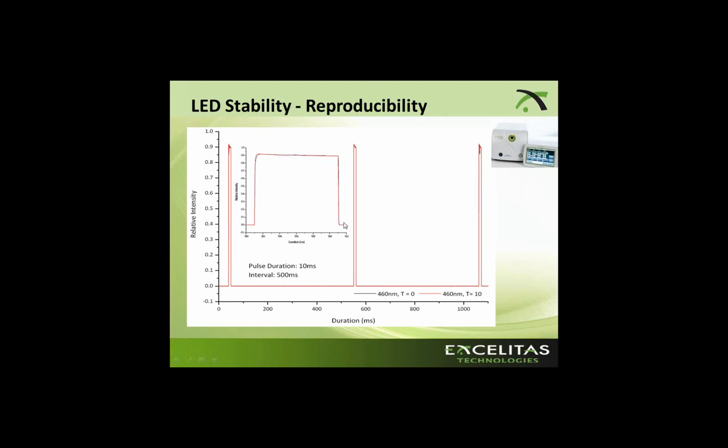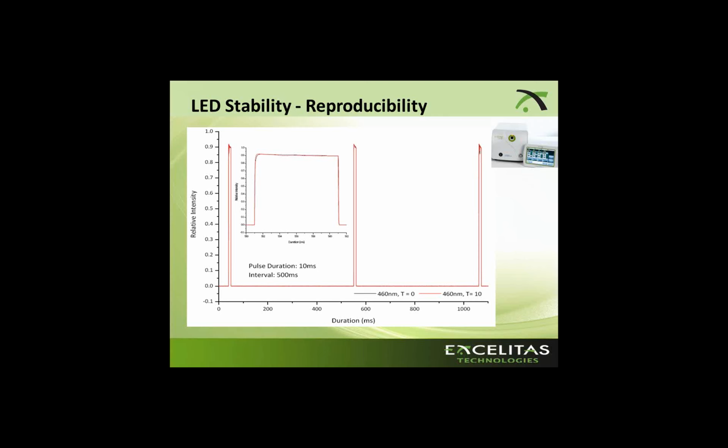What that means is that for every 10 millisecond exposure in this sample, every time you expose your sample to light, it is the same amount of light that is reaching your sample. This area under the curve is the same for every single exposure, which means that your pulses or your exposures are reproducible.